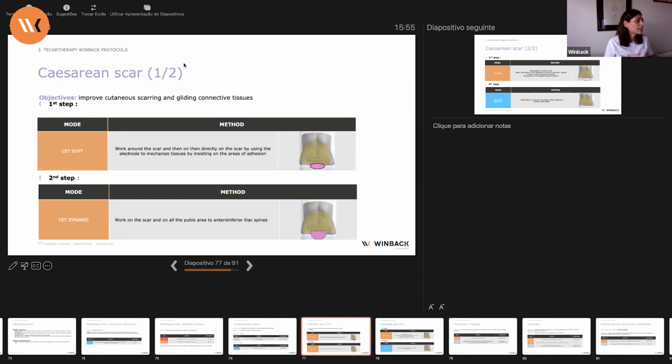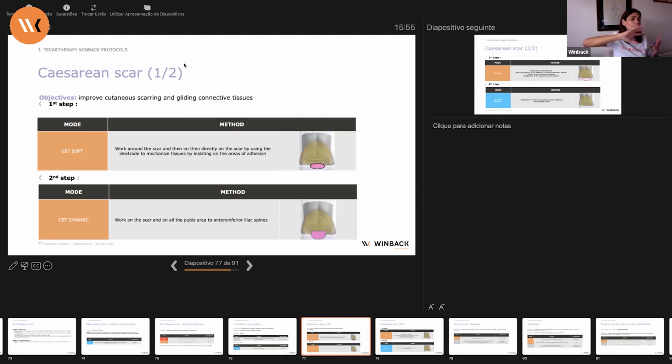In cesarean scar, the first step, our objective, is to improve the cutaneous scarring and the gliding between the connective tissues because of the suture. We work on set soft.